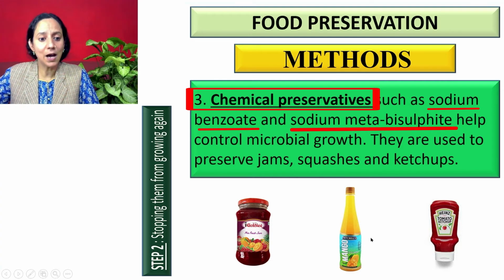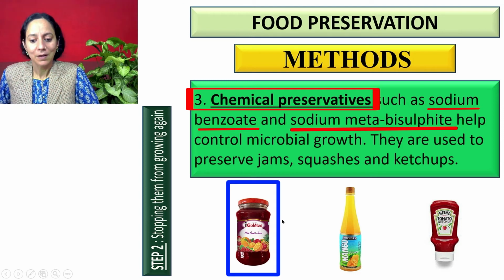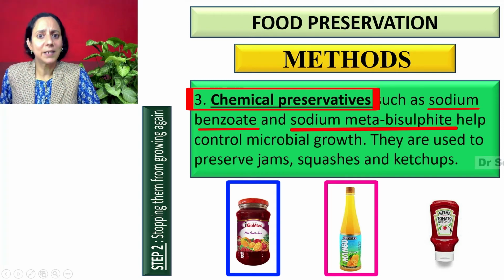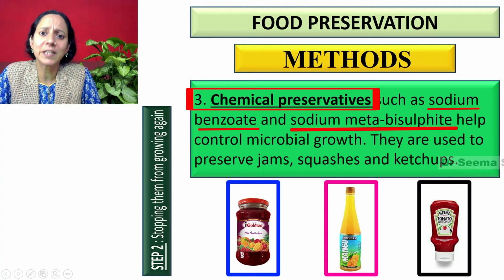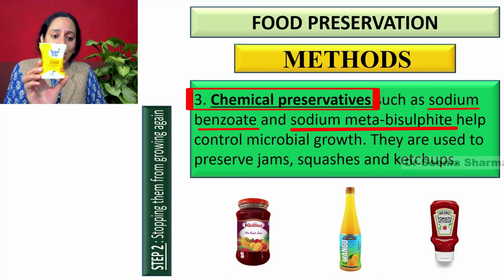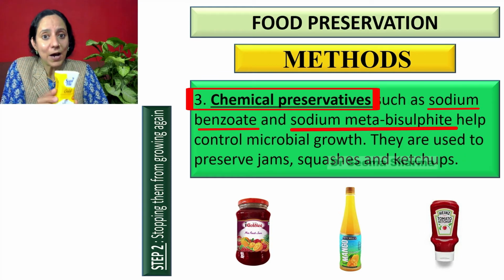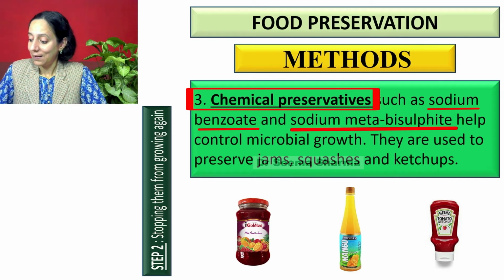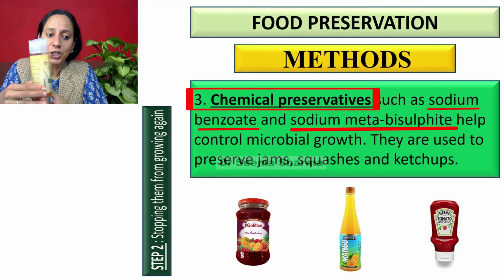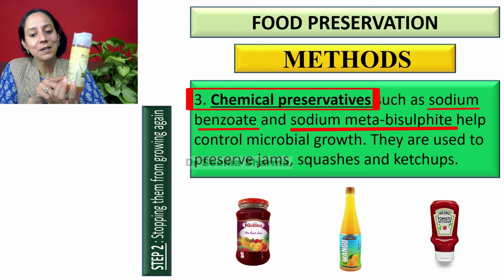And children, they are not only used in jams, squashes and ketchups, they are used in a variety of other stuff, like this is sugar free. It also has one chemical preservative, sodium benzoate, in it. Okay. We have shower gels. They too contain chemical preservative, sodium benzoate.